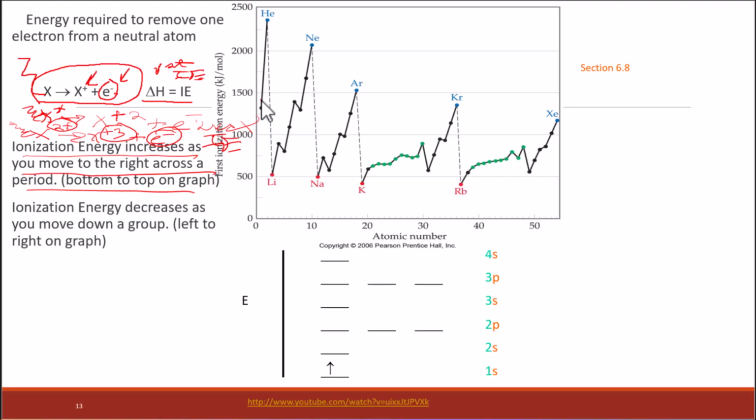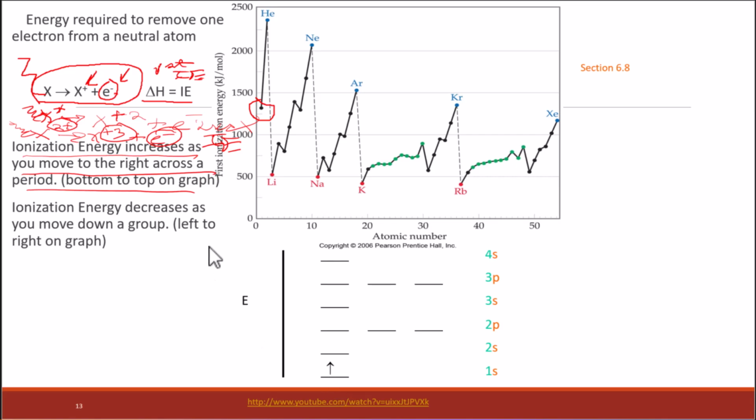So here's hydrogen right here. Okay, it's got an ionization energy of maybe 1,300, 1,400 kilojoules per mole of hydrogen. And that's the amount of energy required to remove one electron, which is fairly close to the nucleus, but there's only one proton in the nucleus.